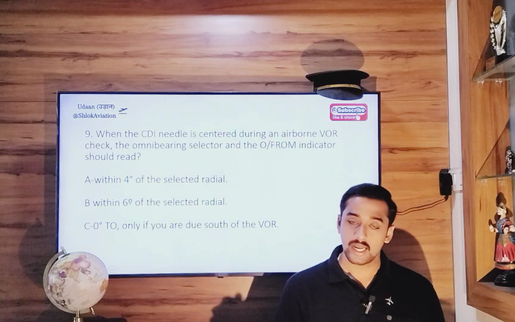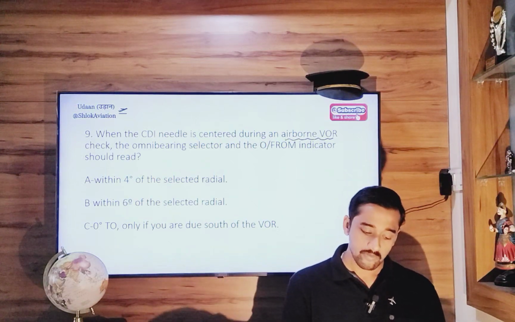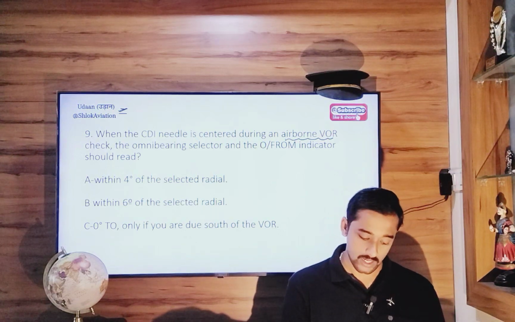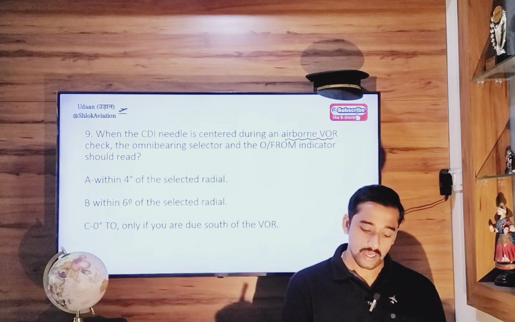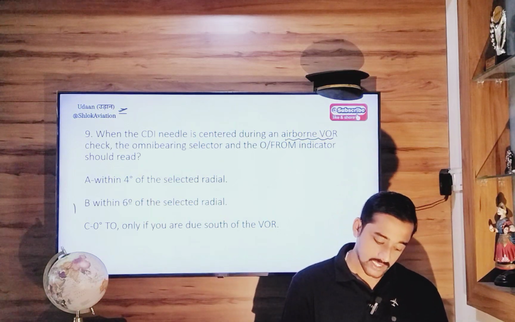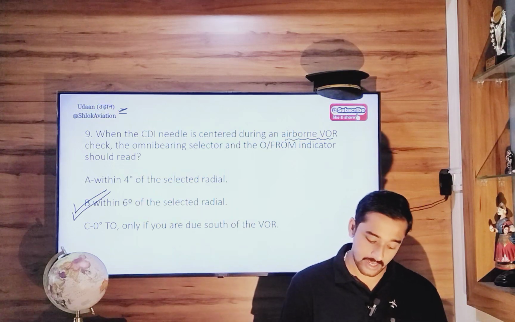Last: when the CDI needle is centered during an airborne VOR receiver check, the OBS and the to-from indicator should read what? If you are making an airborne VOR receiver check, the accuracy limit is plus minus 6 degrees of the selected radial.